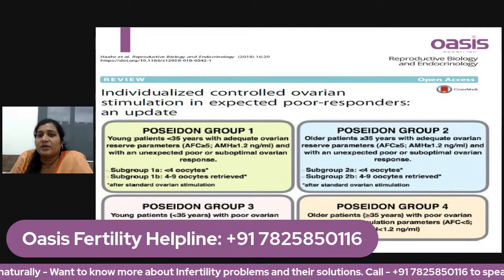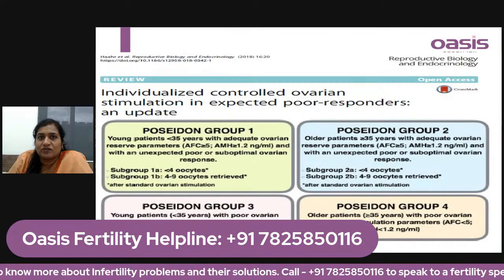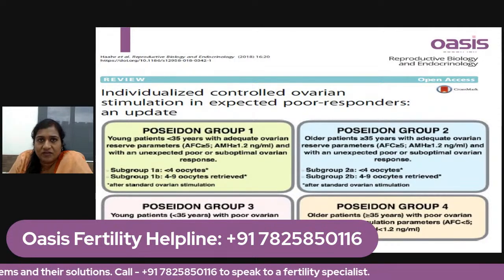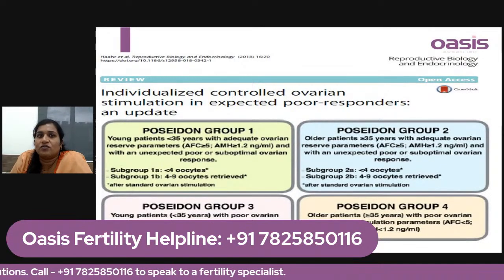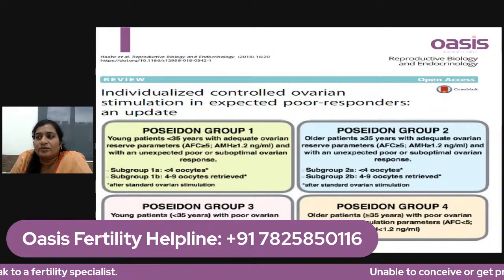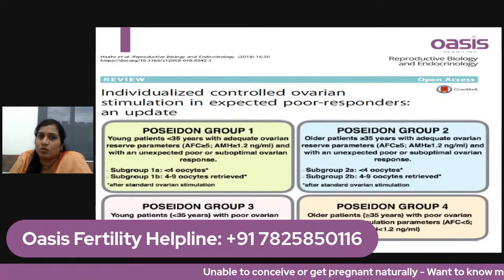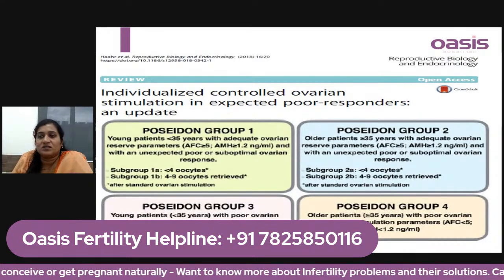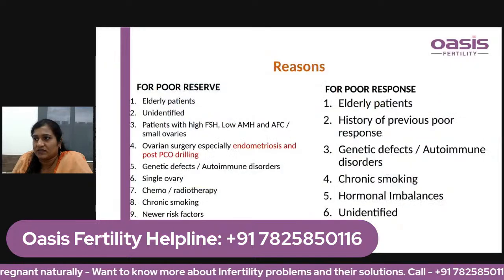Group 2 is patients who are more than 35 years of age, but they have a good number of eggs, and obviously, when we have given them the injections, we have not gotten a good number of eggs. Group 3 is young women who have fewer eggs to begin with, and group 4 is slightly older women who have fewer eggs to begin with. So this is how these groups are categorized.